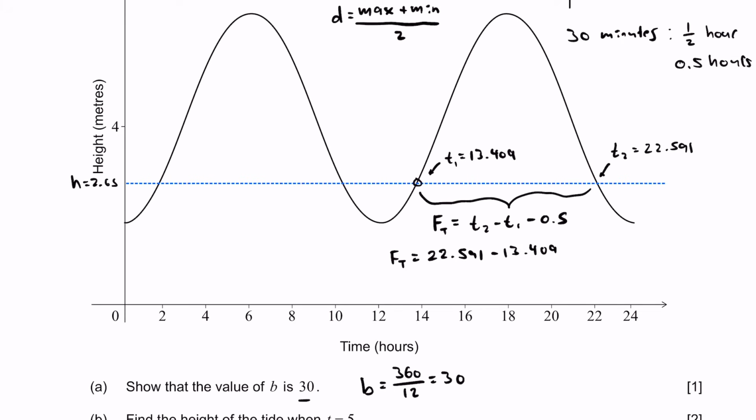That gives us this time right here, but he's not yet fishing all that time. He needs to go there and back, and he's going to lose a 1/2 hour of his fishing. So minus 0.5. Let's work this out on the calculator, and then we'll find his total fishing time.